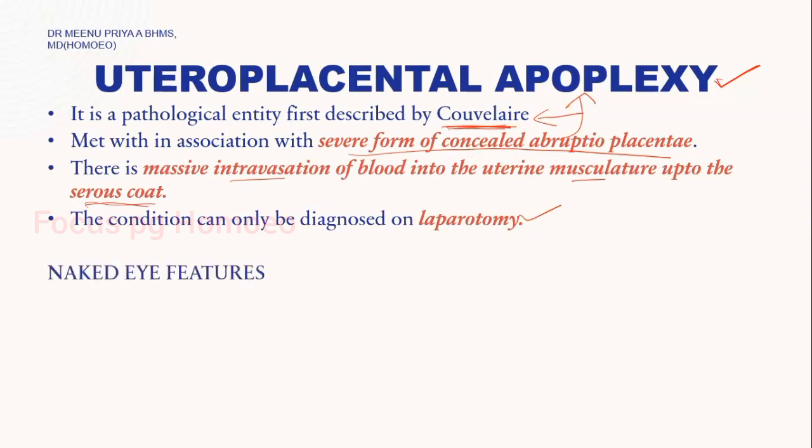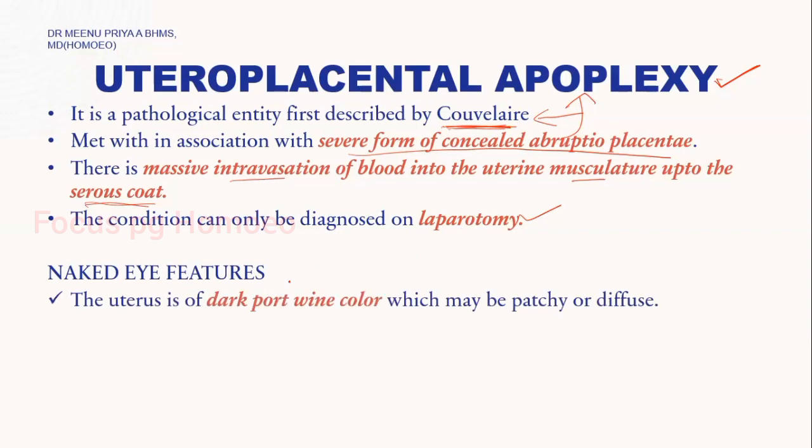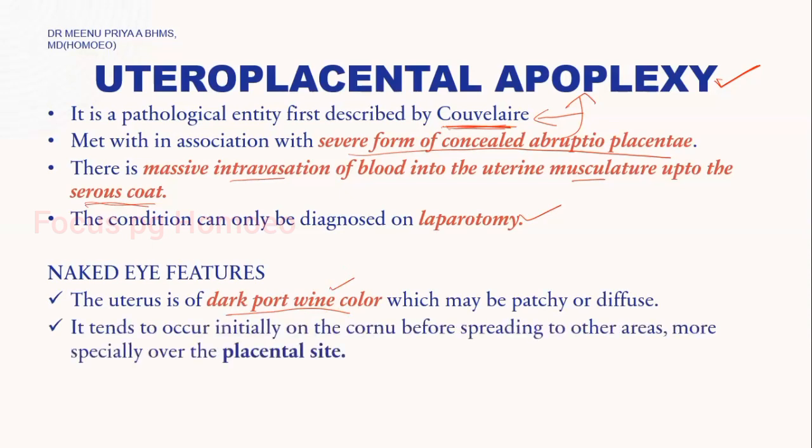And naked eye features of the uterus, which has undergone this severe form of uteroplacental apoplexy. The uterus is dark port wine color. We saw in the picture earlier that there was this bluish hue or shading, that is because of this dark port wine color, which may be patchy or diffuse, and it tends to occur initially on the cornu before spreading to other areas, and more specifically it occurs in the placental site of the uterus.